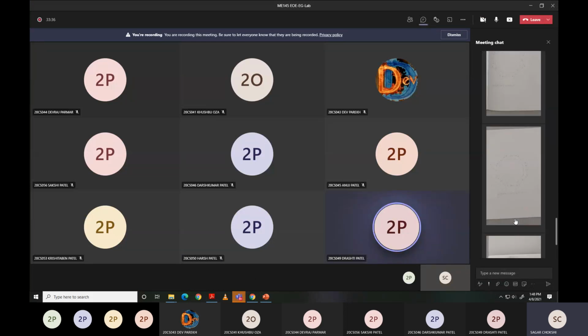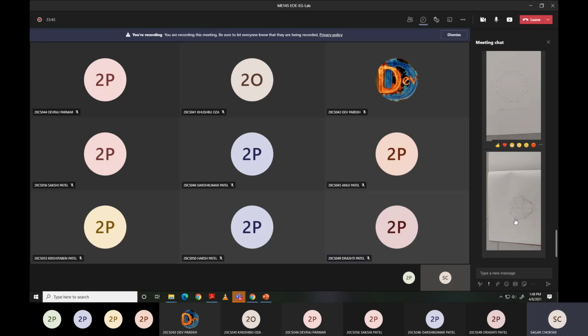So how to draw the 7 side and 8 side now? You have to do these two drawings very accurately. There is an error in the rounder, so instead of 40, you have taken 41 or 39.